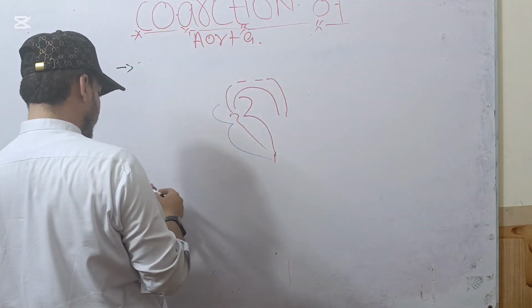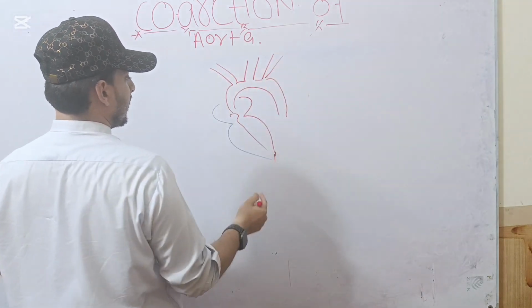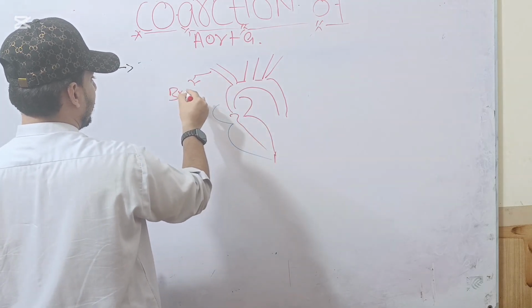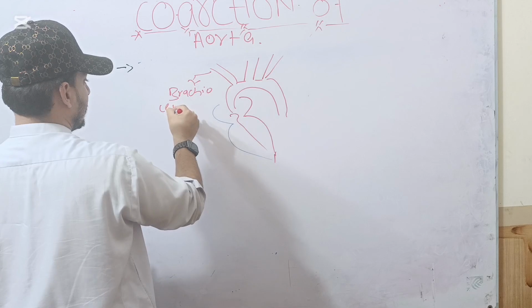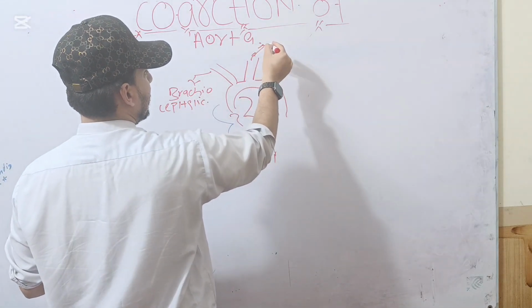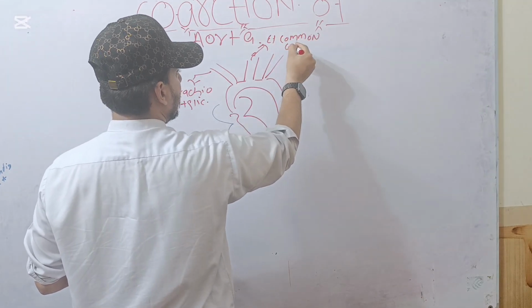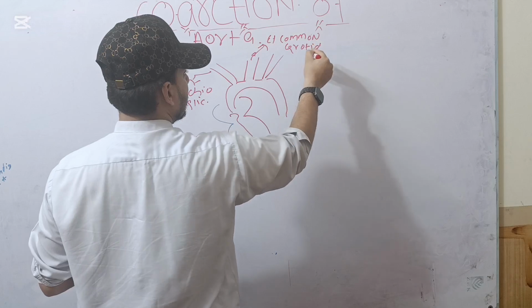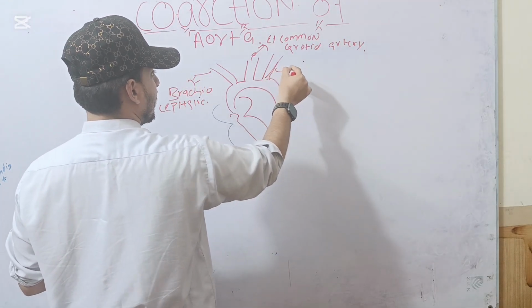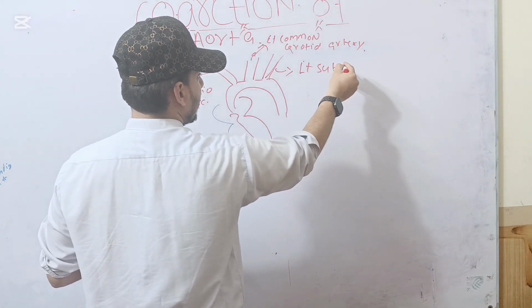What are those branches? They are called the brachiocephalic artery, the left common carotid artery, and the left subclavian artery.